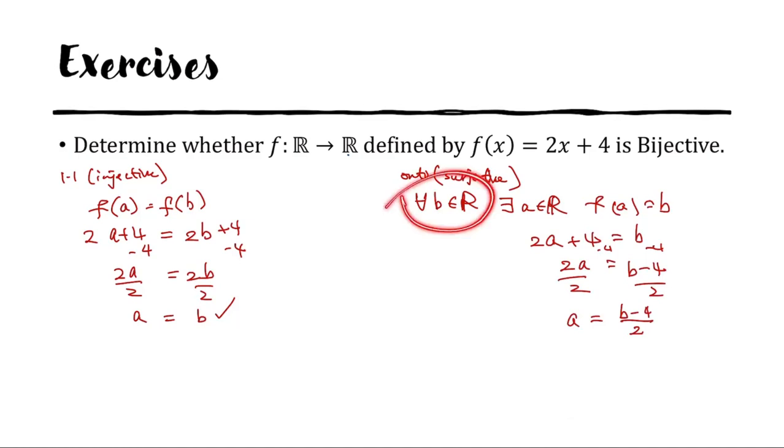We want to show that for all real numbers b, there exists an a in the real numbers. So we need to show this a belongs to the set of real numbers. If you have a real number minus 4, it's still a real number, and a real number divided by 2 is still a real number.